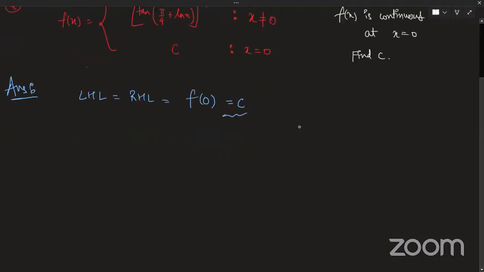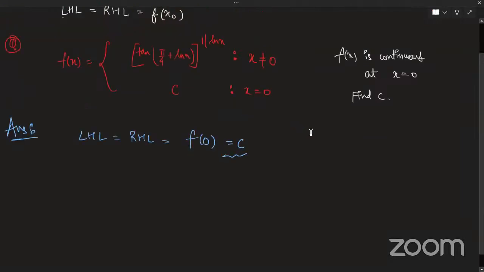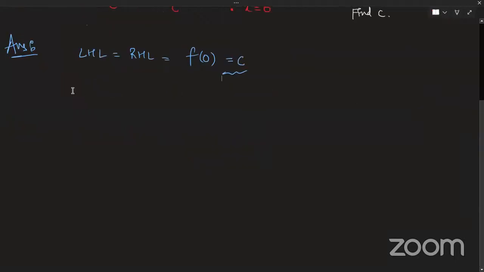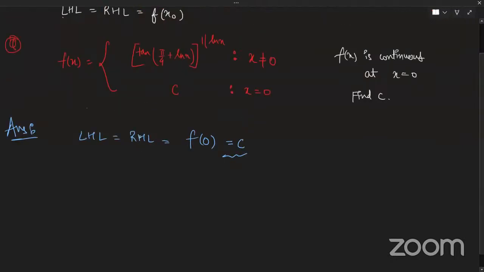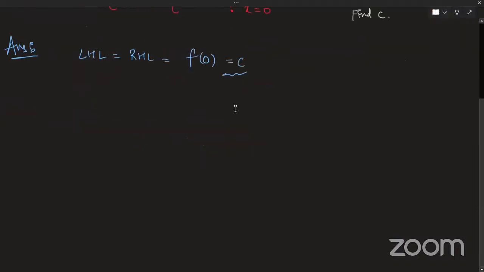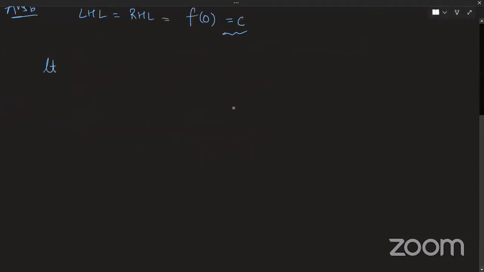So I know that the left hand limit and right hand limit, both will be equal to c. It is just a small job for me to calculate the value of the left hand limit or the right hand limit. I know this function, so I can take the limit as x tends to 0 of this function.